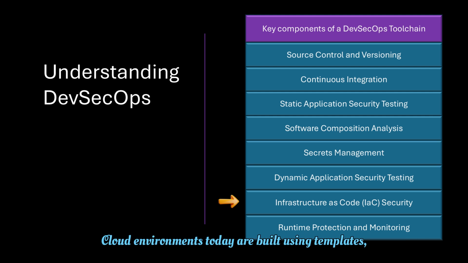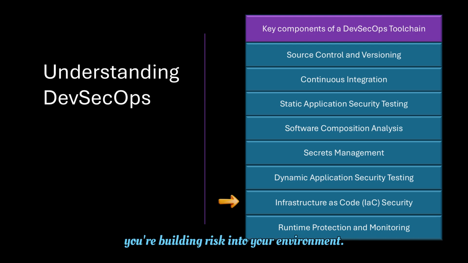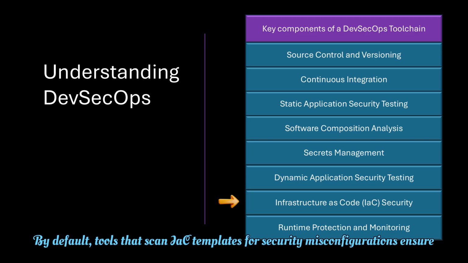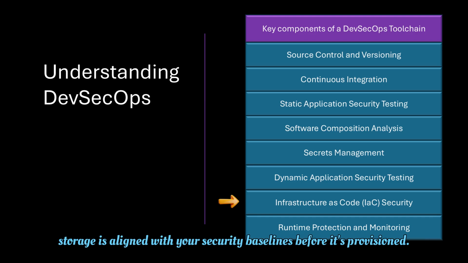Cloud environments today are built using templates, whether that's ARM, Bicep, or Terraform. If those templates are misconfigured, you're building risk into your environment by default. Tools that scan IaC templates for security misconfigurations ensure that every resource you deploy, networks, VMs, storage, is aligned with your security baselines before it's provisioned.